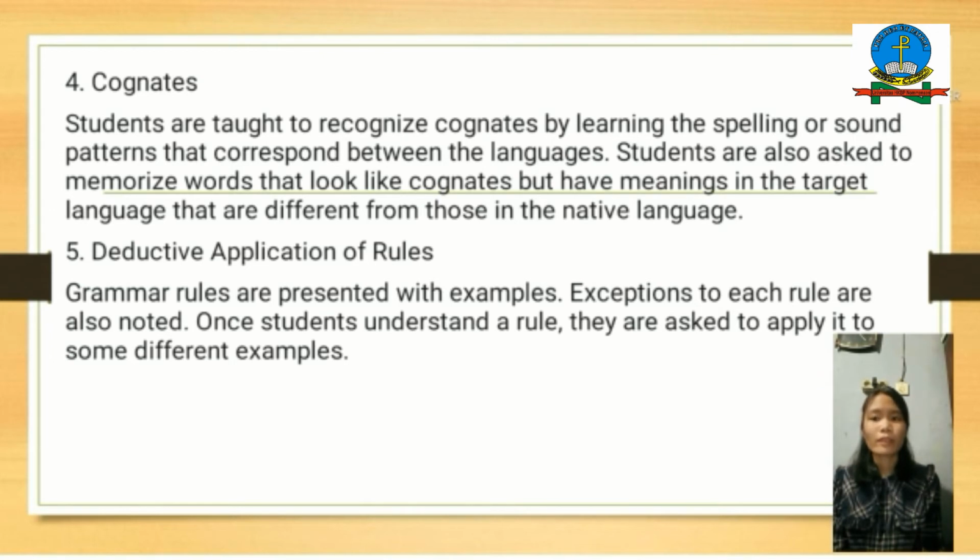Number 5 is deductive application of rules. Grammar rules are presented with examples. Exceptions to each rule are also noted. Once students understand a rule, they are asked to apply it to some different examples.